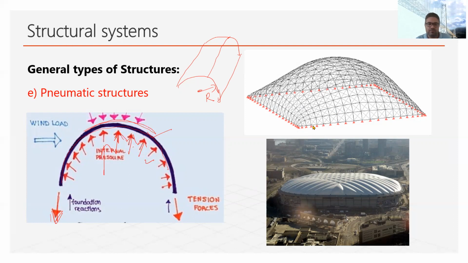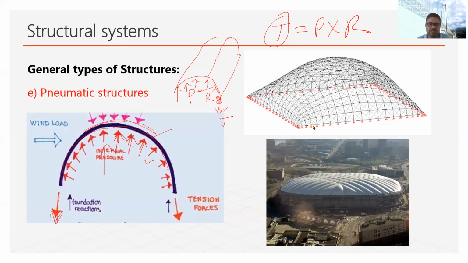If I have to find out the tension, and internal air pressure is induced in it, then T is calculated using the formula T equals P into R. Here T is the tension force, P is the internal pressure, and R is the radius of curvature.